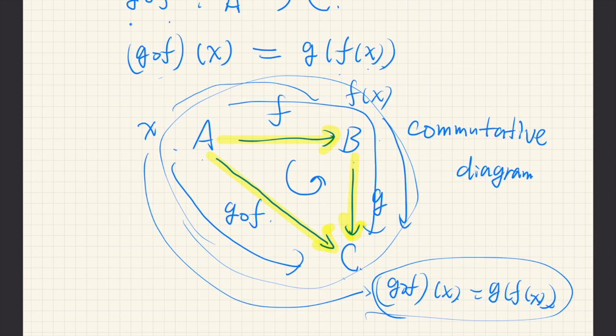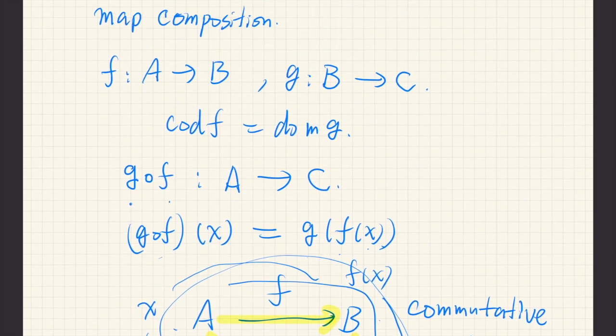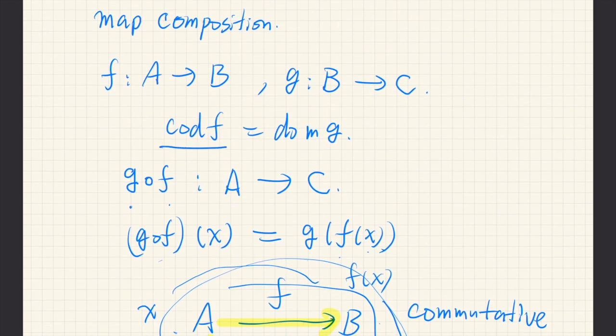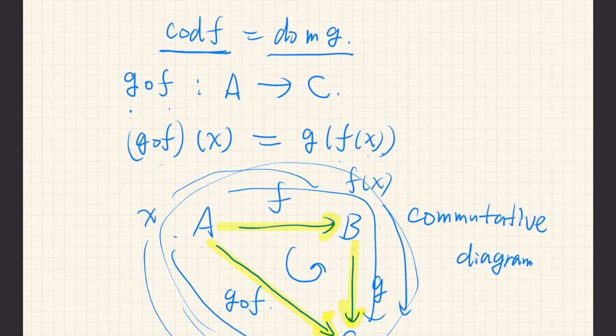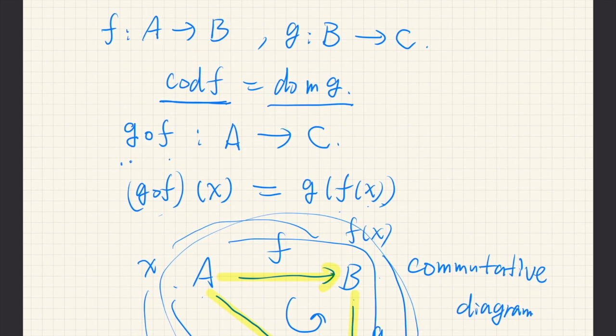As you can see here, map composition can be done only when the codomain of one map is the same as the domain of the second map. Otherwise, we can't combine them. So, for example, we can define G after F here because the codomain of F is B and the domain of G is B, and they are the same, right?